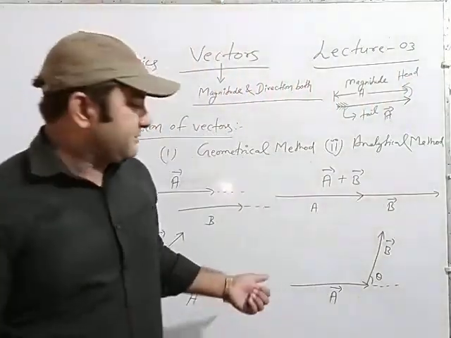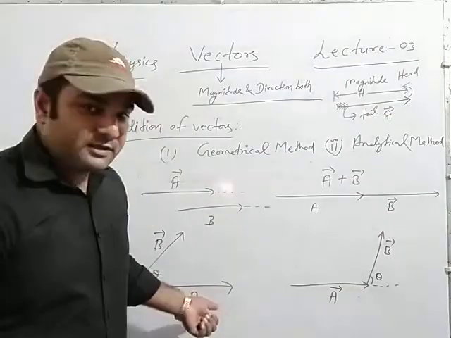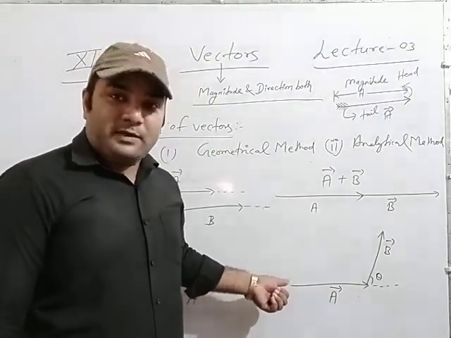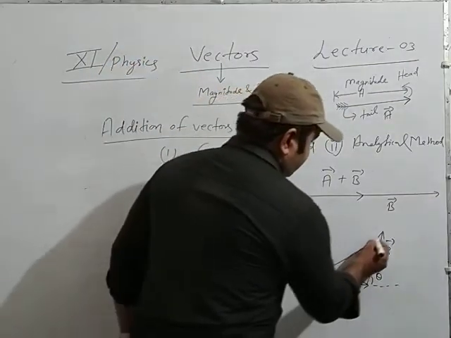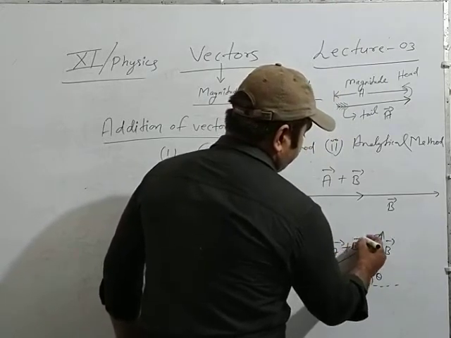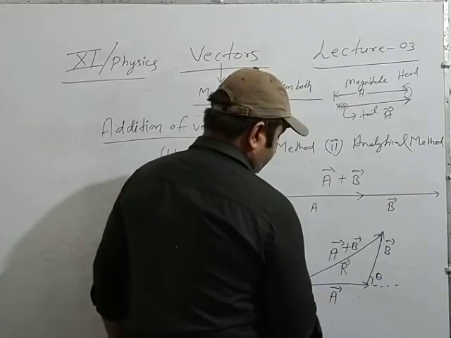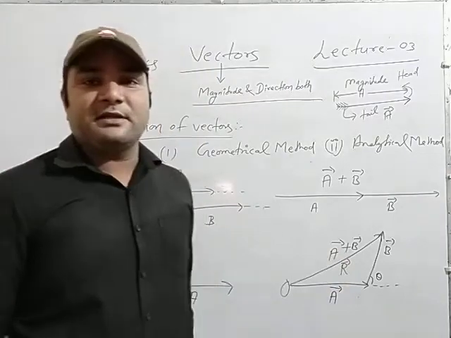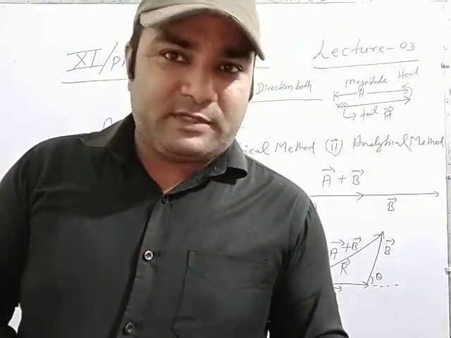So in case of addition, after adjusting vector B at the head of vector A, we draw a line starting from the tail of vector A to the head of vector B in this way. Yes, A plus B. This is also represented by R. And if this point is represented by O, then this gives the resultant of two vectors acting at an angle.